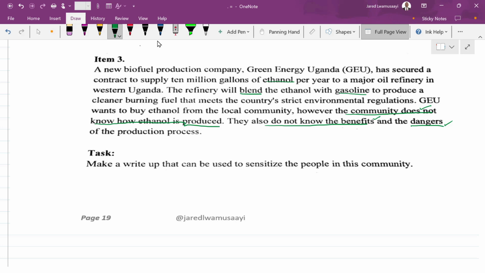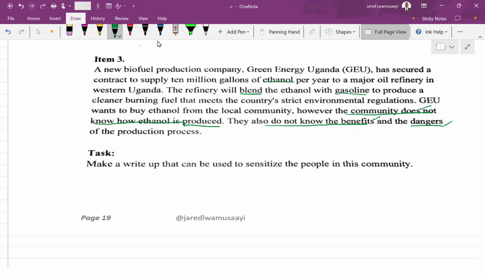Blending refers to combining many ingredients together so that you can come up with one product. That means in here, this company is going to utilize the ethanol which is produced by the local community members and add it to gasoline as an ingredient, which is now going to be a cleaner burning fuel that meets the country's strict environment regulations. So we can now embark on the task.